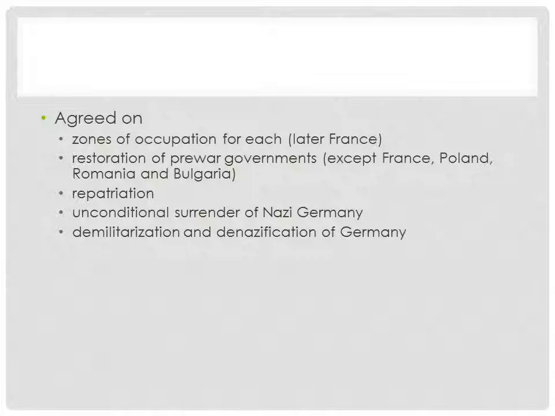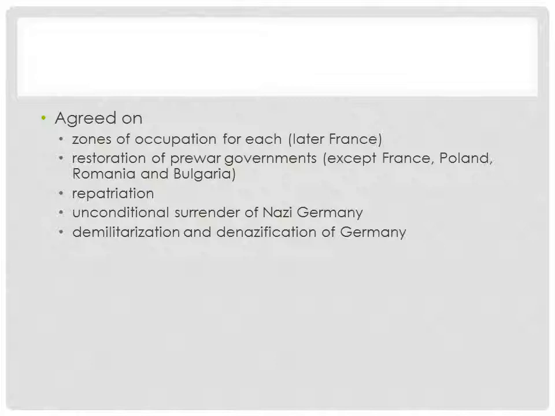They agreed that following the war, there would be demilitarization of Germany. So this was essentially kind of like a shade of World War I, trying to remove the military threat that Germany posed to the rest of Europe.